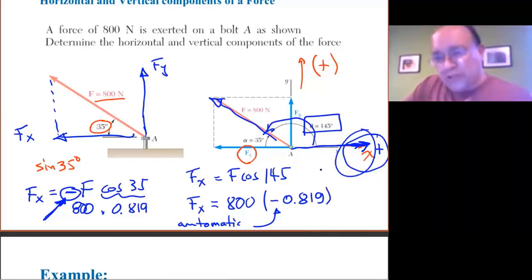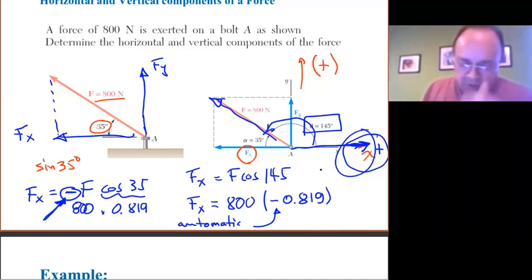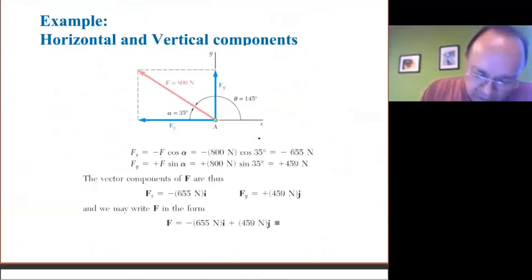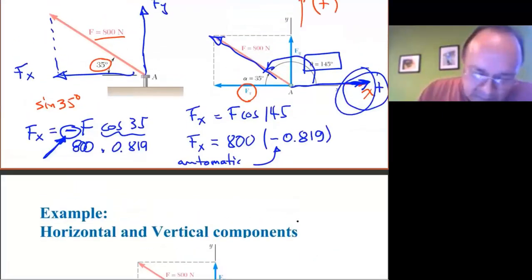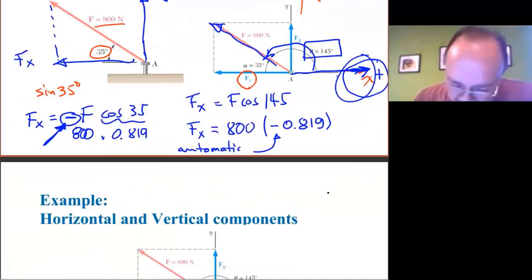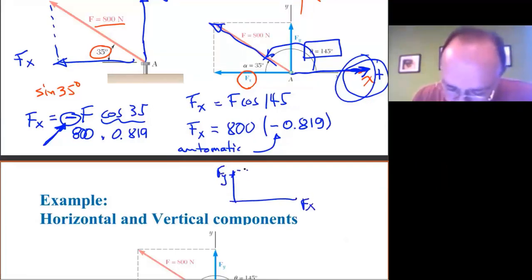Sometimes you have the components and you have to find the resultant. That happens all the time. It's the opposite problem. So if you have the components Fy and Fx, then you need to find the resultant.